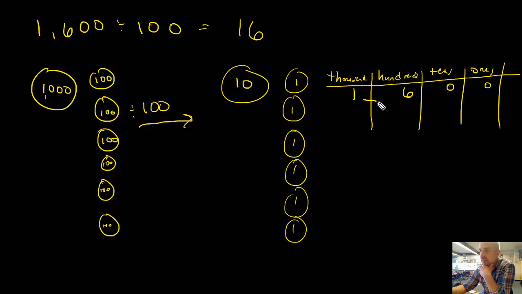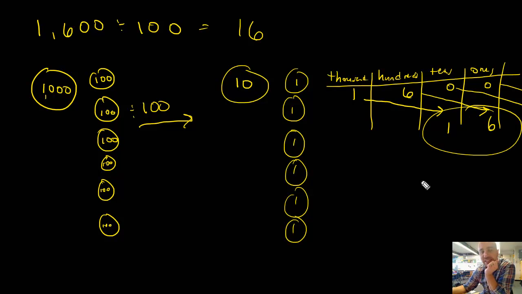I'm taking it from my 1,000 and moving it over here to my tens. Each one of these is going to go over by 2. My 1,000 became a 10. My 600s became 6s. And my quotient was 16. Okay, that's pretty good.